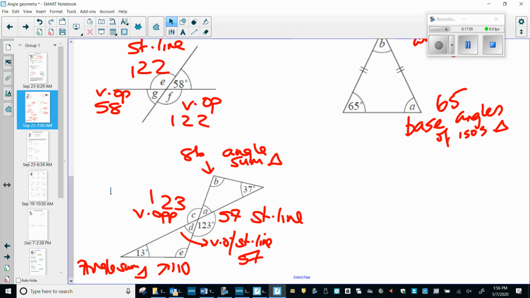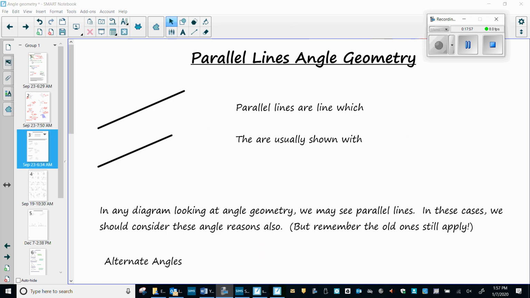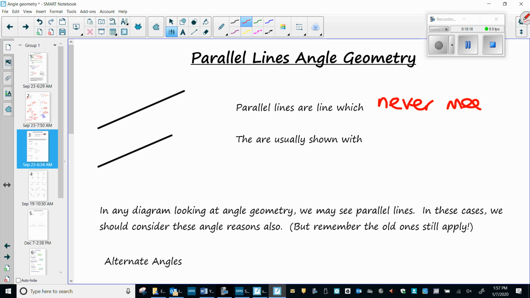Let's find some facts for these. Parallel lines are important because there are special features of parallel lines that talk about the angles. So we know that parallel lines are lines that what? They never meet.